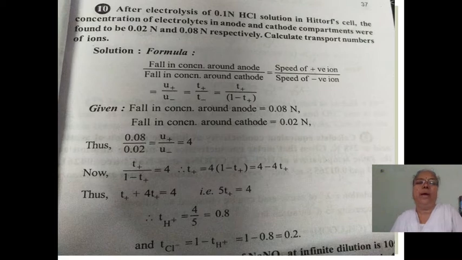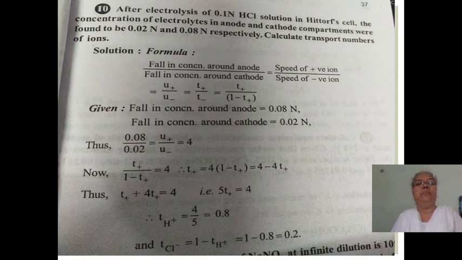Every NO3- ion that migrates towards the positive electrode picks up one Ag+ ion and there is a deposition of AgNO3, and due to this the concentration at the anode compartment increases. You have studied this.